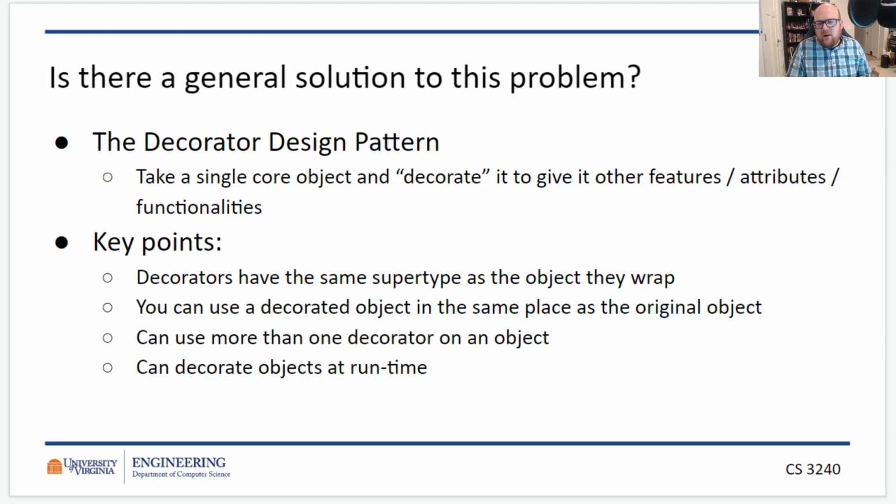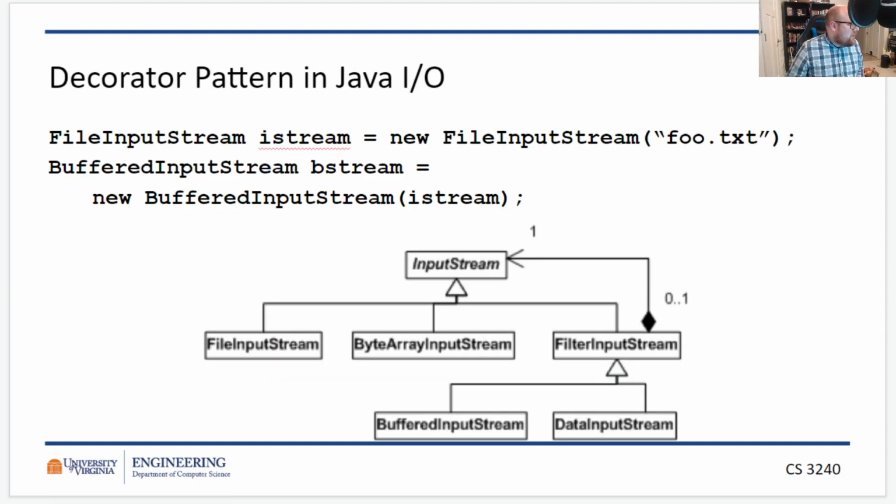It's with a decorator design pattern, and it takes a single core object, and it decorates it to add features, attributes, and functionality. So, how does this work? Well, first, let's look at the class diagram that we have here. And this is for how you do Java input streams, like Java file I/O.